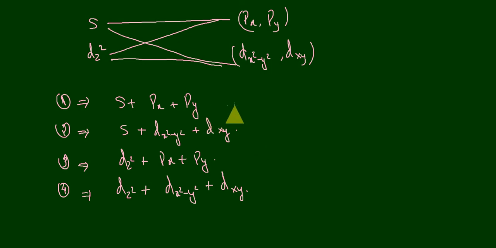Maybe we can call this the sp² hybridization, one s and two p orbitals, sp² hybridization. Maybe you can call this d²s hybridization. You can call this p²d hybridization, or you can call this one d³ hybridization.